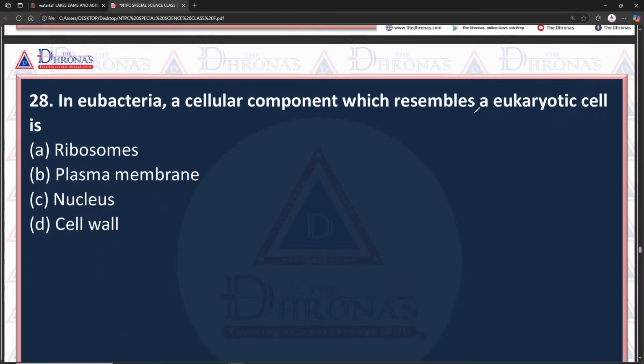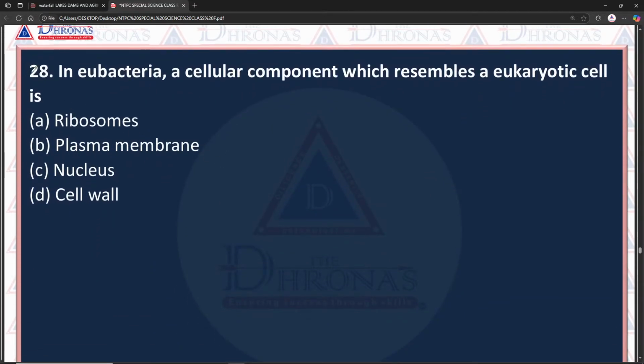Now, moving on to the next question. In eubacteria, a cellular component resembles a eukaryotic cell.